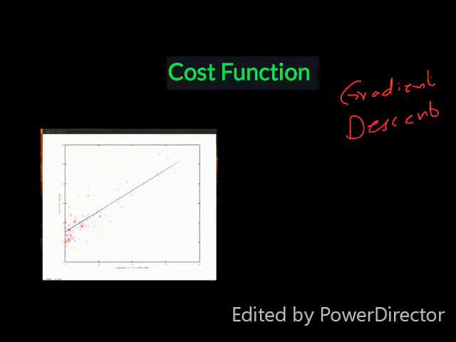We will take the cost function, we will take the derivative of cost function, and we will multiply by a constant called learning rate, and we will subtract that value from theta to find the next value. We will repeatedly do this to find the best theta. So we will repeat this till convergence.